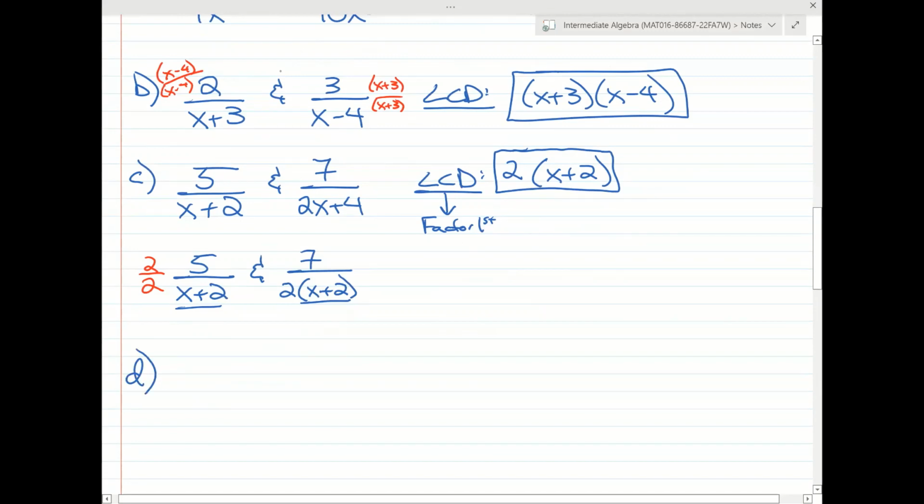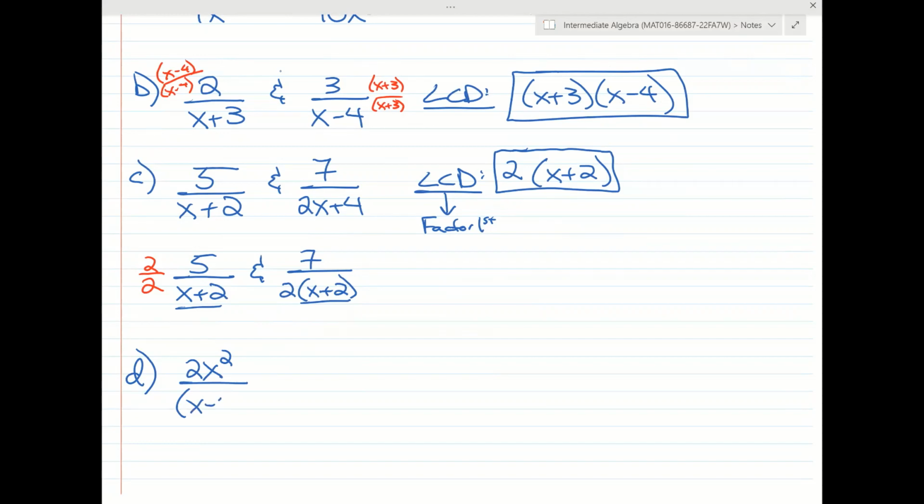Right, and then what if we had 2x squared over x minus 4 to the second power and 5x over 8x minus 32. In order to figure out the least common denominator, first thing we have to do is factor.